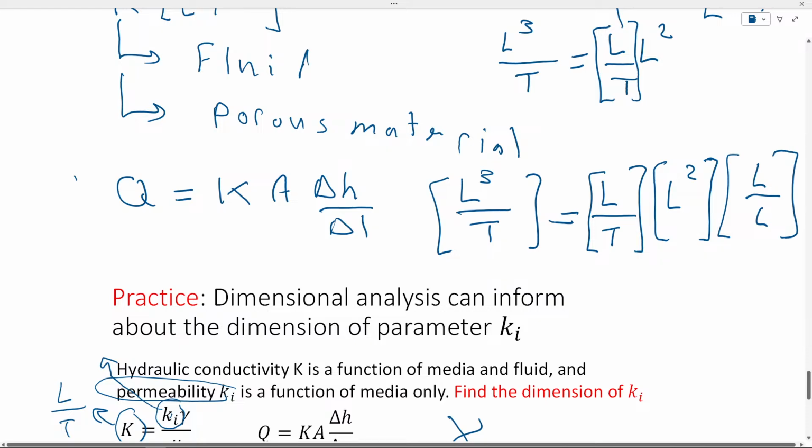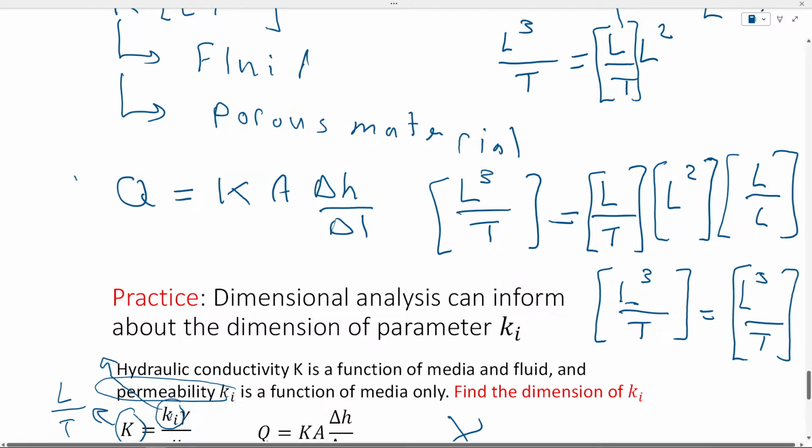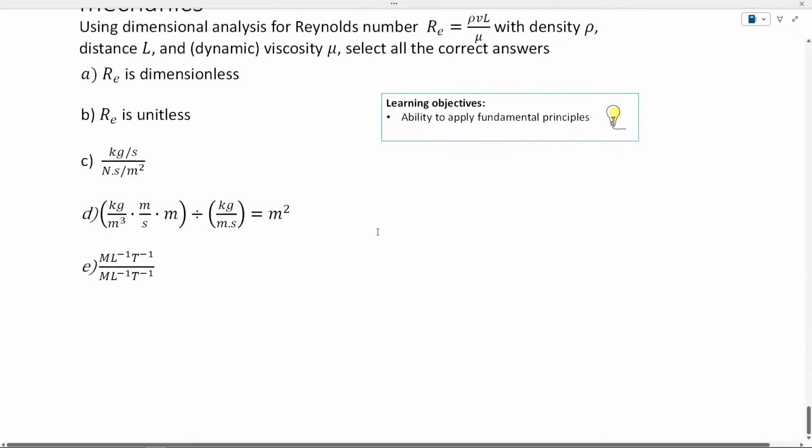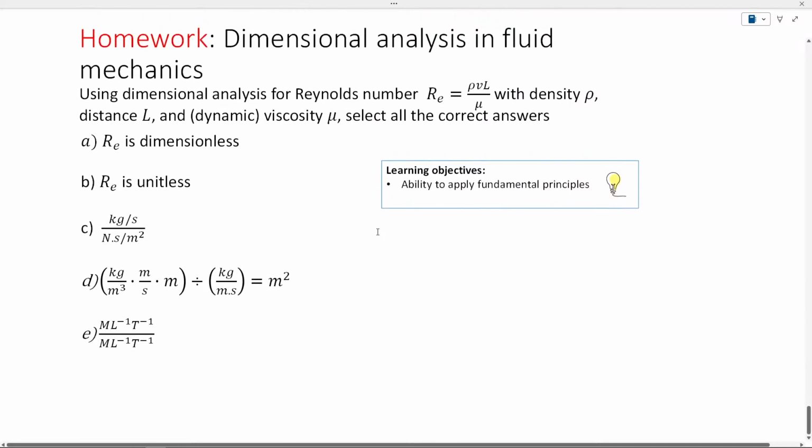Yes, it does. Why? Because on the left hand side we have L cube over T, and on the right hand side we have L cube over T. So you have dimensional homogeneity. Okay. But that's next lesson.